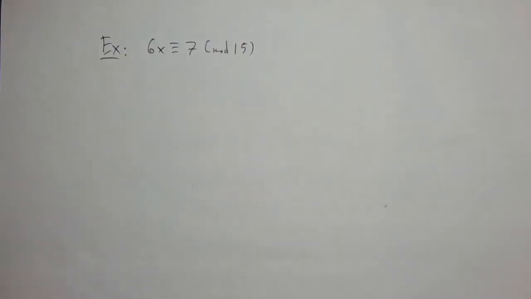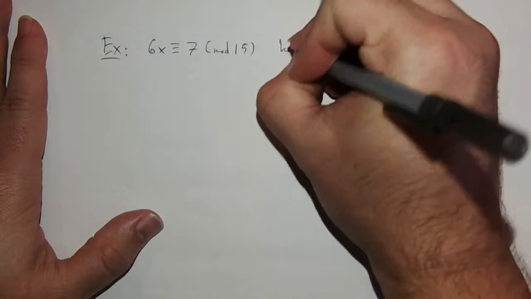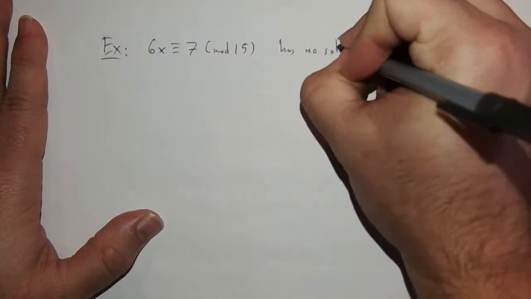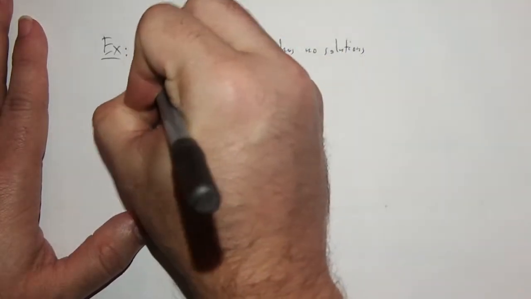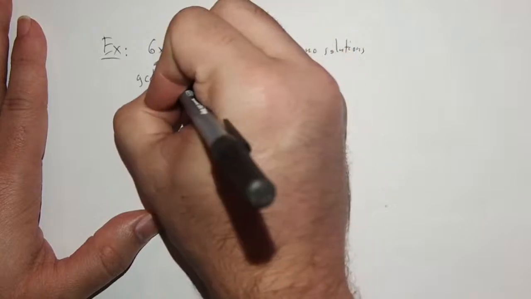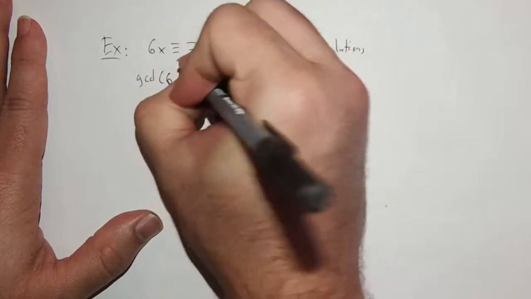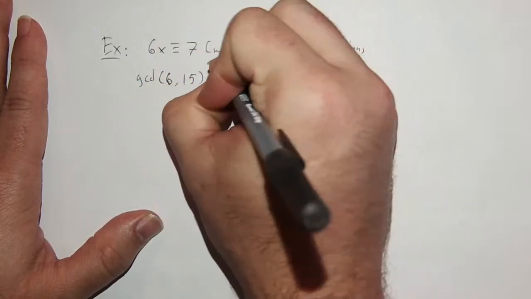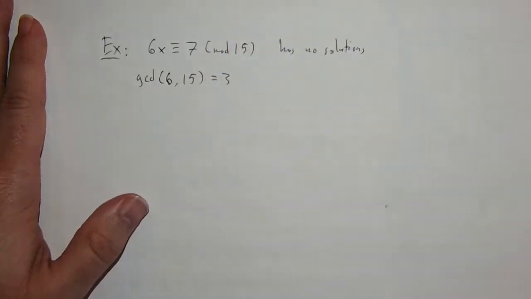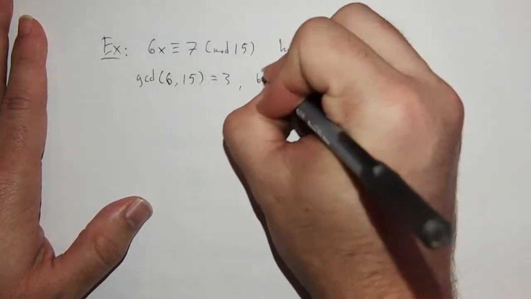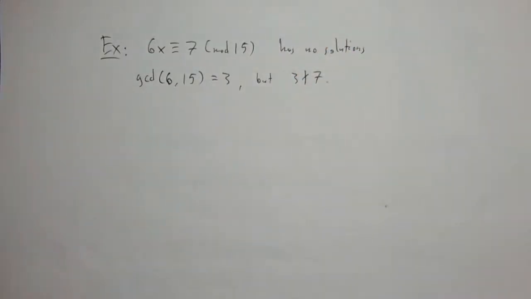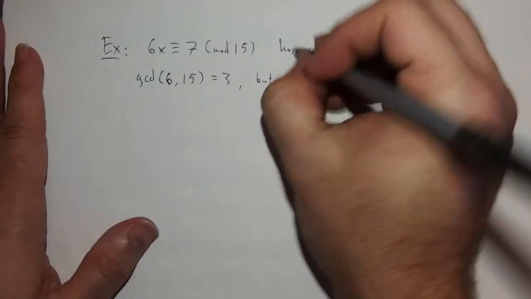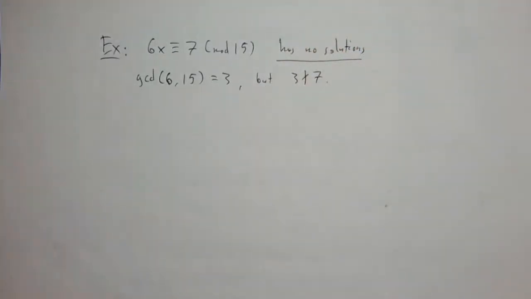Well, this has no solutions. Why? Well, the GCD of 6 and 15 is 3, but 3 does not divide 7. So this thing has no solutions.